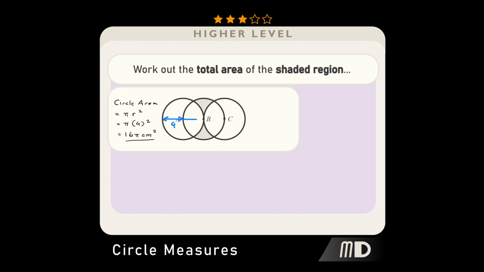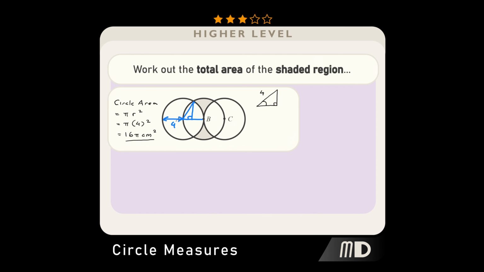By forming a right-angled triangle from the center of one circle to the point where the circles intersect, we can calculate the angle formed at the center of the circle by the intersecting circles. The hypotenuse of the right-angled triangle is the radius, so its length is 4 centimeters.